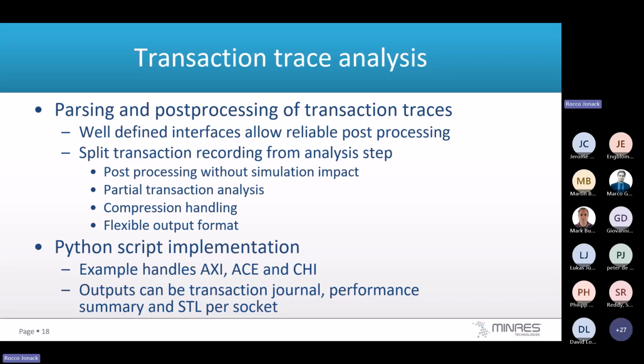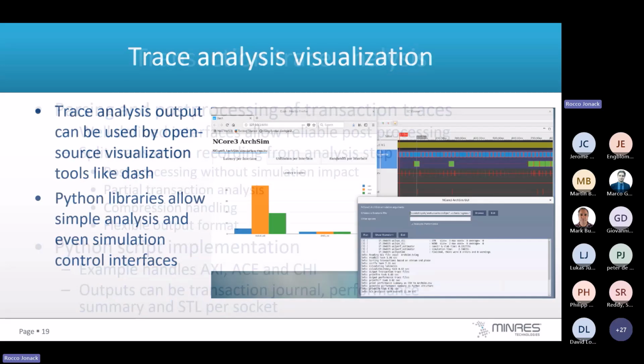We can generate what we call transaction journals, performance summaries, where we summarize bandwidth and latency values, but the interesting part actually starts here, because what you want to enable is to have customers or maybe even tools generate their own information from these traces.